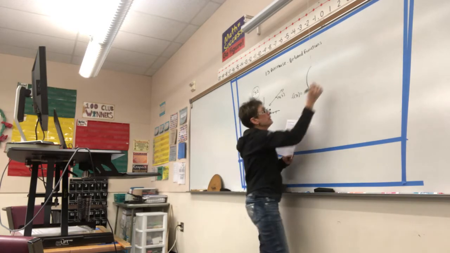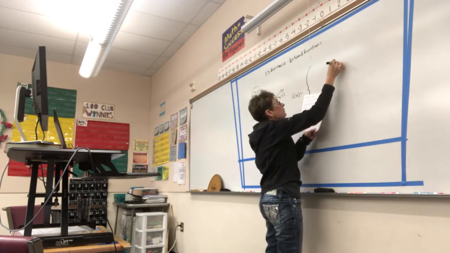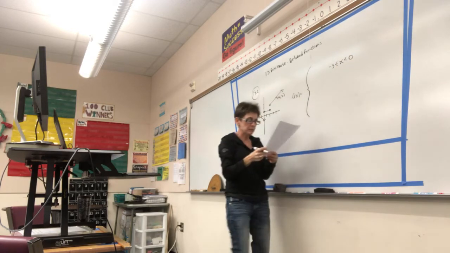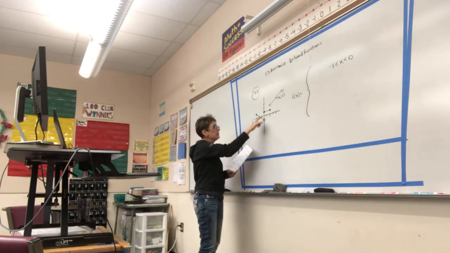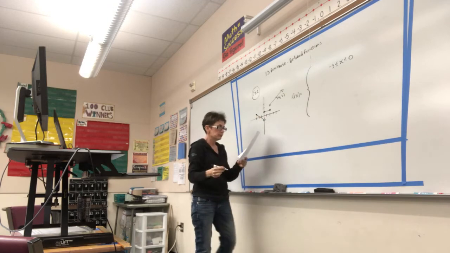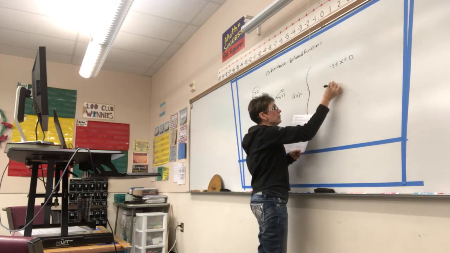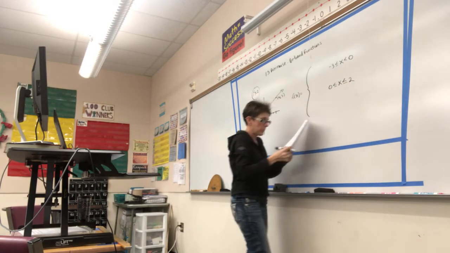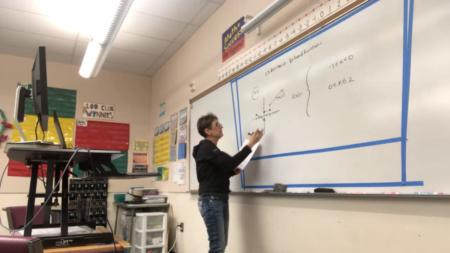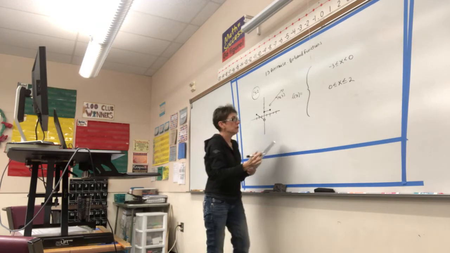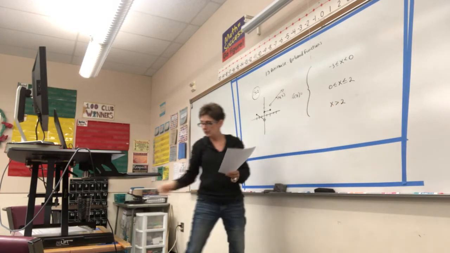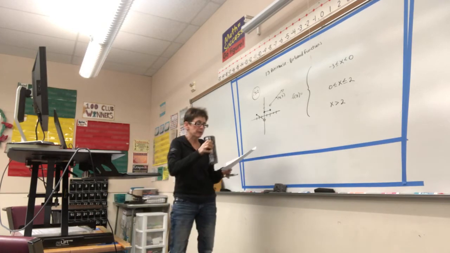So we're going to say -3 is less than or equal to x is less than 0. That's going to be one piece. Another piece is between 0 and 2. So we're going to write 0 is less than or equal to x is less than or equal to 2. And then the third piece is when x is bigger than 2. So we're going to write x is greater than 2. So those are the three pieces for that picture.